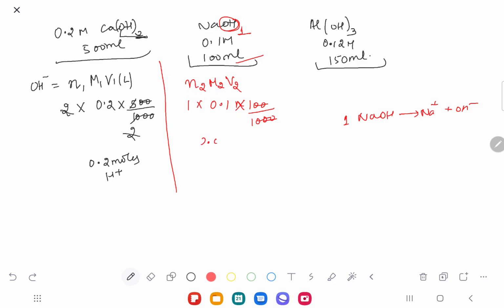So I get 0.01 moles of OH negative ions coming right from here.